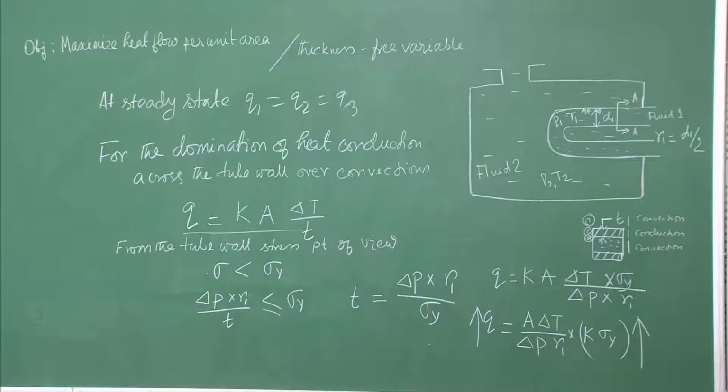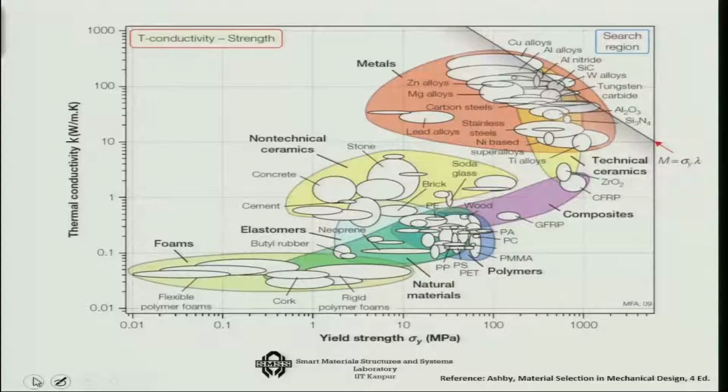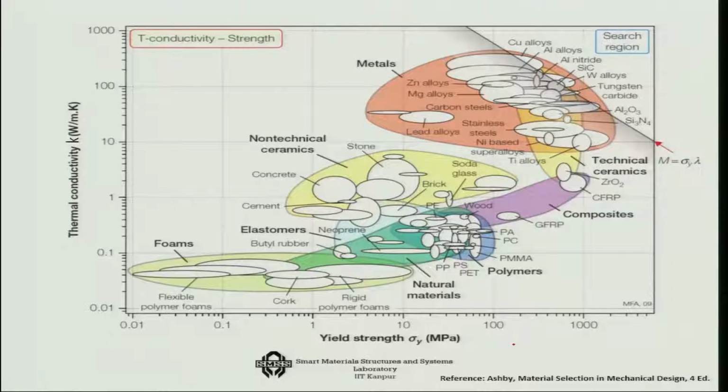Now, let us look into what the possibilities are for this particular system. If we look into the Ashby chart, because we have K times sigma y, if you take a logarithm of the two, that means if K sigma y is a constant, then log of K would become minus log of sigma y plus log of C. So, there is a negative slope, and that negative slope, considering the 150 degree temperature difference, will bring us to this particular line.